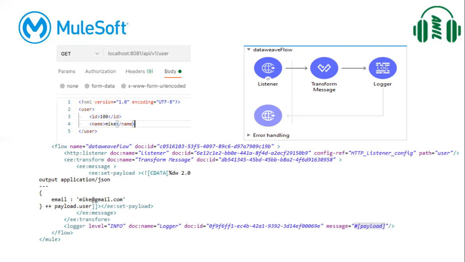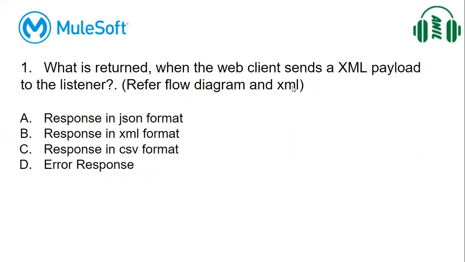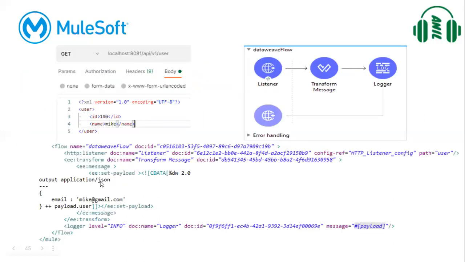Some people will think that, oh, we are creating user.csv file and we are writing data into that. In that case, what is the format of the data? .csv. So simply they will go to C, response in CSV format. But no. Here, as you see, we are sending XML, that is correct, and we are converting data from XML to JSON in the transformer.